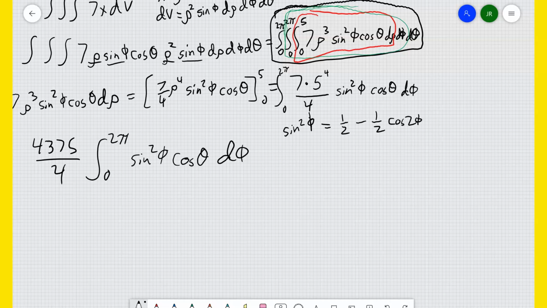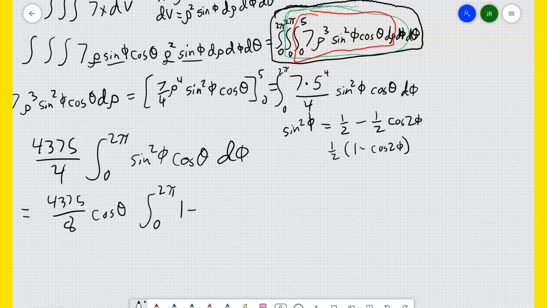I'm even going to pull the 1/2 out, and it'll be 1 minus cosine of 2 phi. So if I pull that 1/2 out, it'll be 4375 over 8. I'm even going to pull this cosine theta out, because that's treated as a constant also. And in here it's 1 minus cosine of 2 phi, d phi.